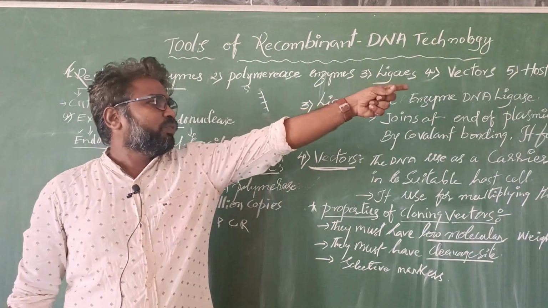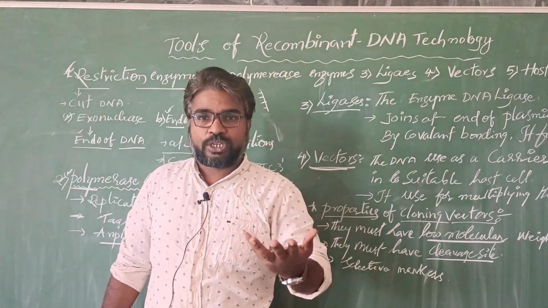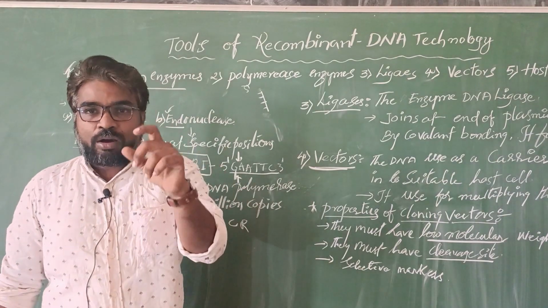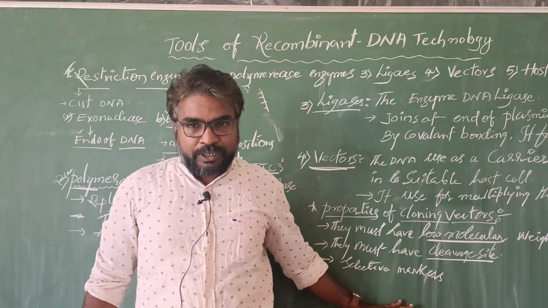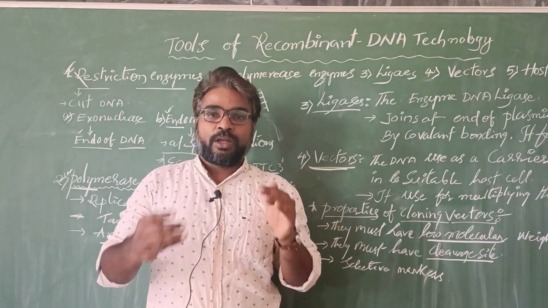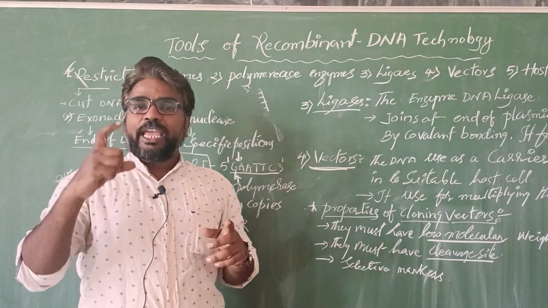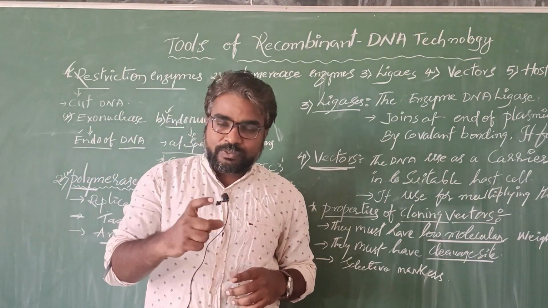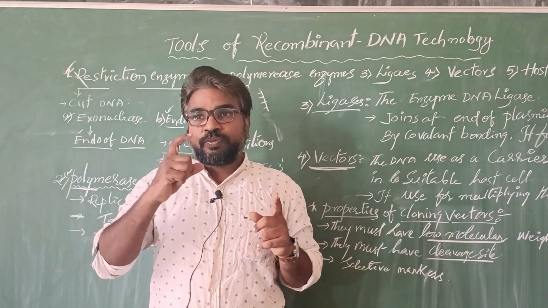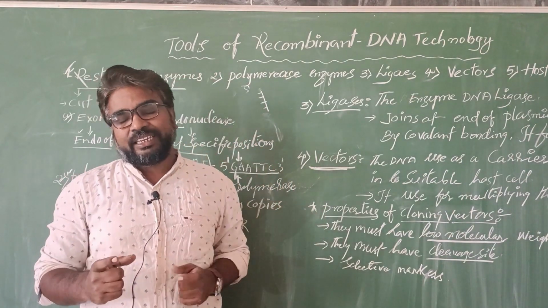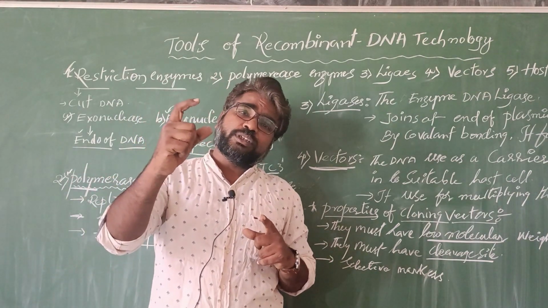Next, the last one, the host organism. We require a host organism. Now we have rDNA. rDNA means plasmid, or any vector, and the wanted DNA. This vector and wanted DNA, we call rDNA.